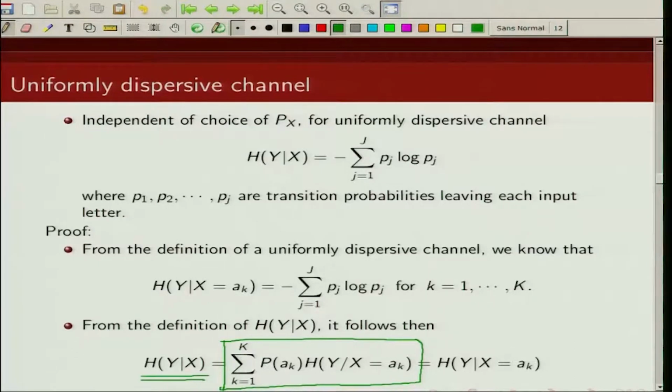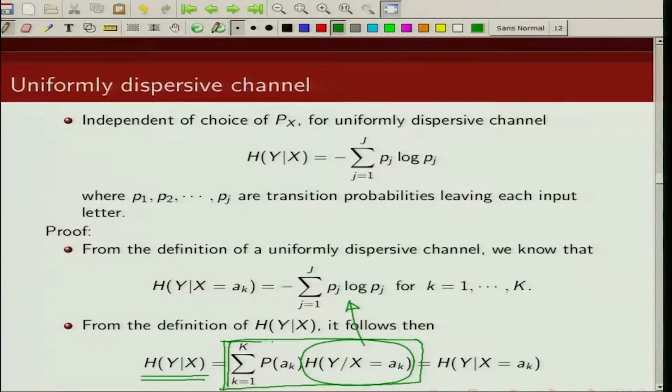Now note, this term, which is given by this expression, is the same for all inputs for a uniformly dispersive channel.